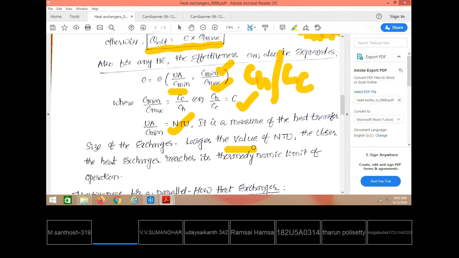For a heat exchanger, the number of transfer units represents the possible transfer of heat from the hot fluid side to the cold fluid side. If NTU is larger, the whole heat has transferred from the hot fluid side to the cold fluid side. If NTU is smaller, only a little heat has transferred.